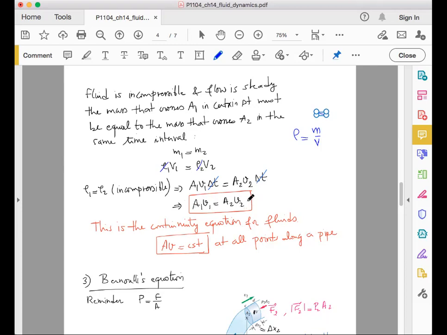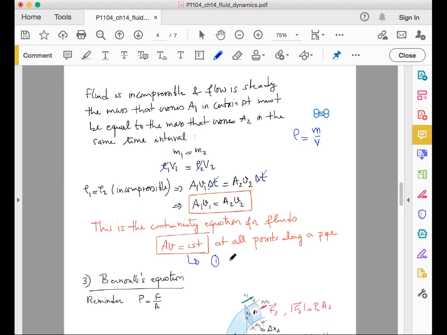So this is the so-called continuity equation for fluids, and this is valid at all points along a given pipe when we are dealing with an ideal fluid flow. We can write this equation as Av equals a constant. When we say Av equals a constant, we mean we can apply it between any 2 points.